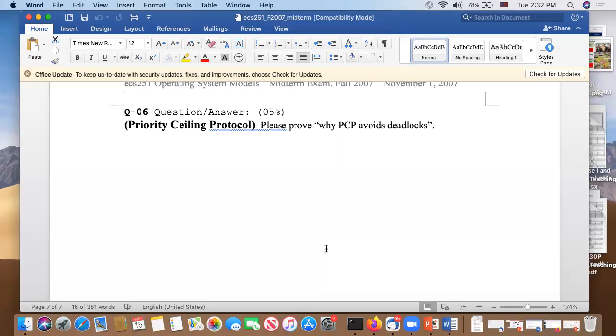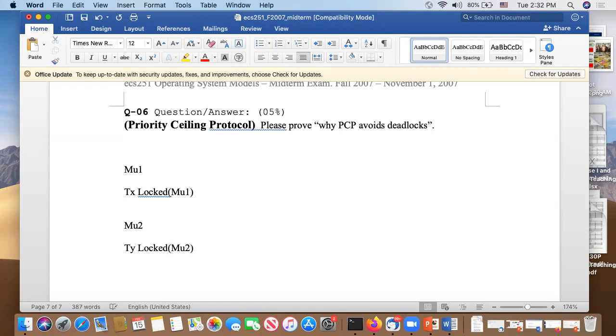Okay, so let me use this slide. Assuming I have M1 and M2, let me use S1, semaphore 1 or semaphore 2. You know what? I should use MU, mutual exclusion 1, mutual exclusion 2. In order for this to be deadlocked, thread X must have locked MU1, and thread Y must have locked MU2.